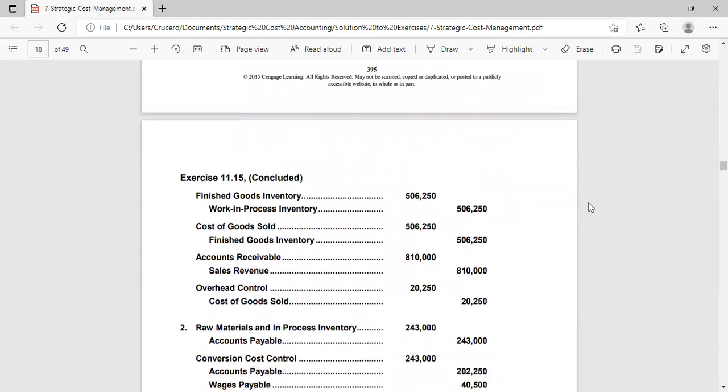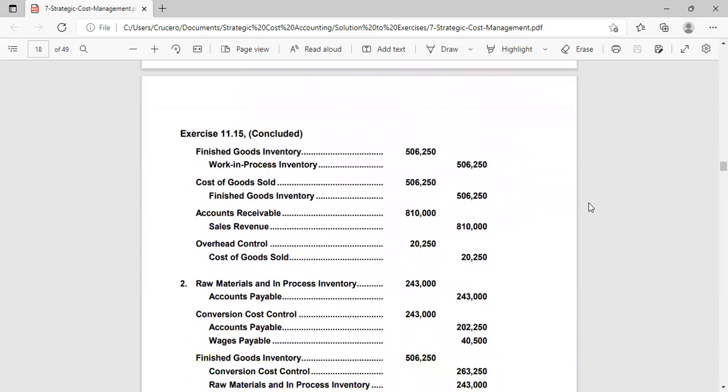Now, we record finished goods inventory of 506,250, taken by adding materials, direct labor, and factory overhead applied. So 243,000 of direct materials, 40,500 of direct labor, and 222,750 of factory overhead applied. So you get 506,250.